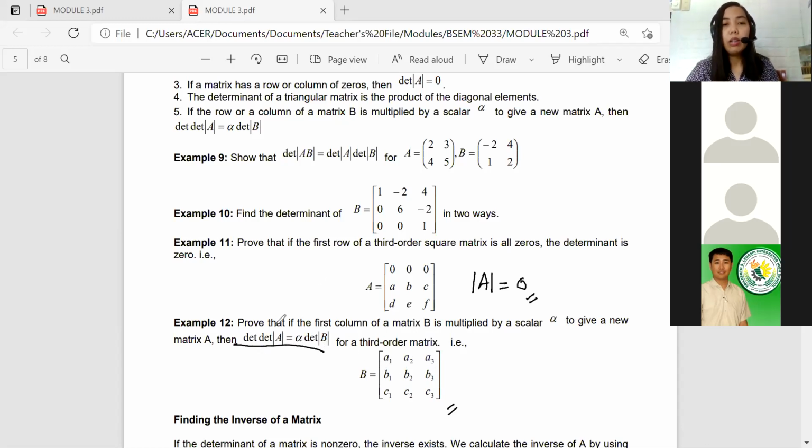How are we going to show it? Since the elements are neither real numbers nor complex, meaning they are just letters, when you get the determinant of A, it should equal this. The value of the scalar was not given either, so it is up to you. Since the entries are not real numbers, the answer is still not a real number. So try this. Determinant of A is equal to the scalar times the determinant of B. That is true.